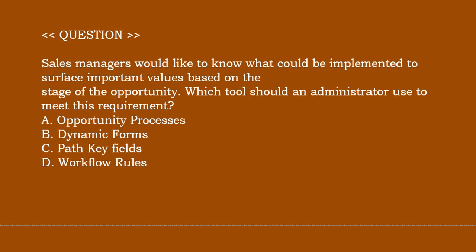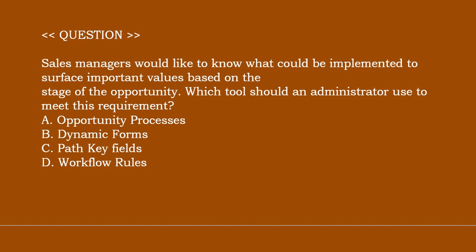Our next question is, sales managers would like to know what could be implemented to surface important values based on the stage of the opportunity. Which tool should an administrator use to meet this requirement? Option A, opportunity processes.